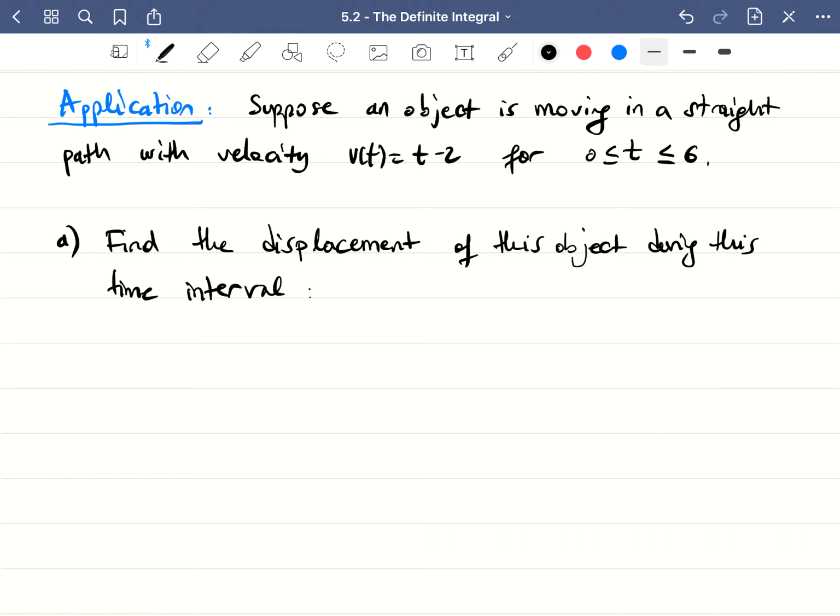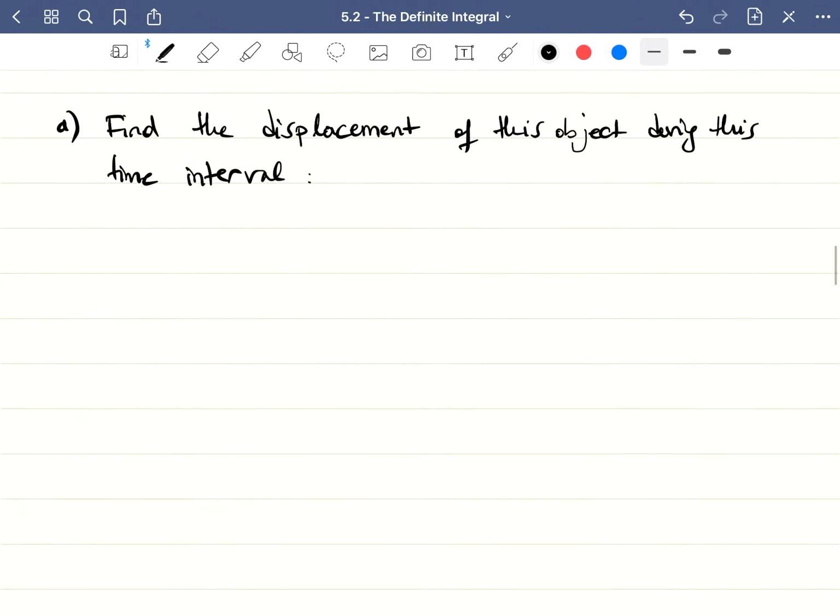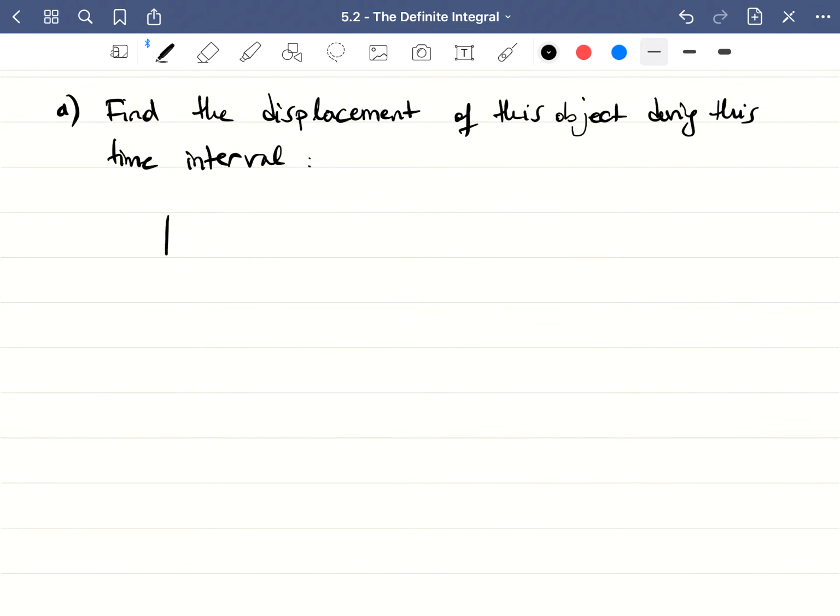Okay, so basically this means the following. Find the total area with signs for the graph of this function from 0 to 6. So let me explain what this means. I have the graph of the function. Let's say this is negative 2, this is 0, and this is 6.